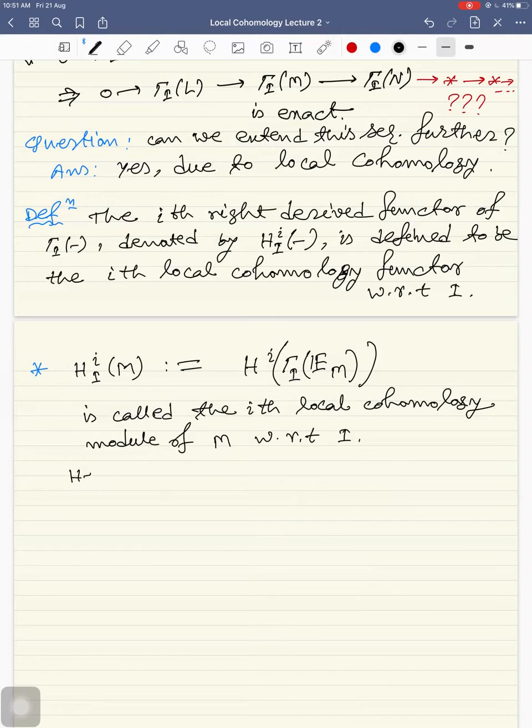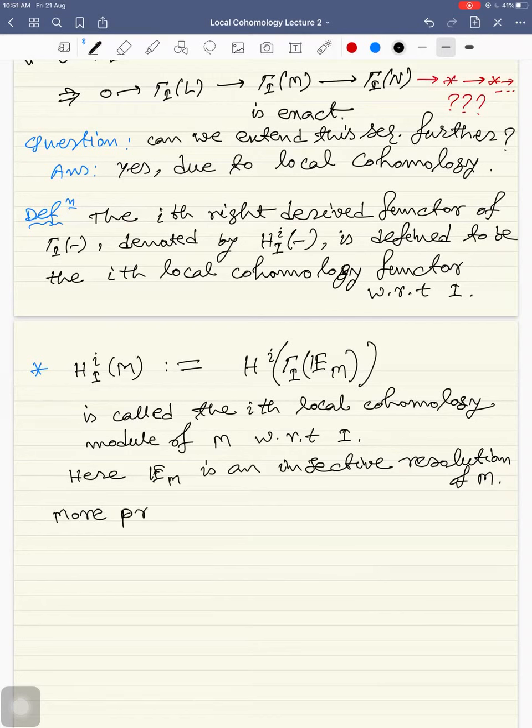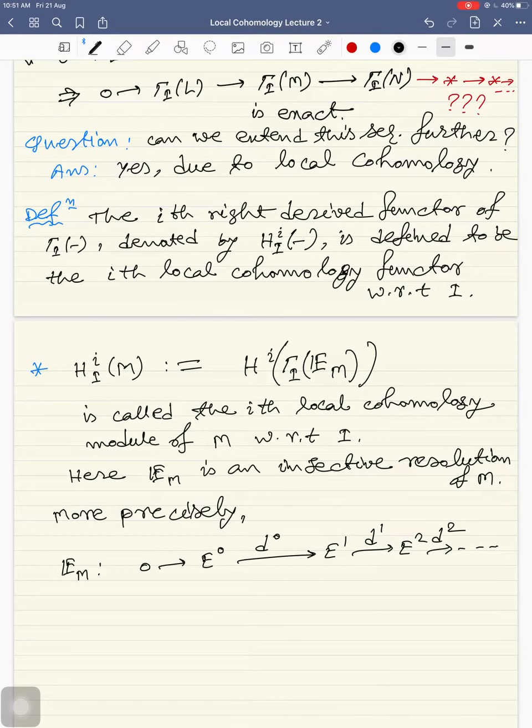So here I should write that E of M is an injective resolution of M. Okay, more precisely, if we write this injective resolution of M as follows: 0 goes to E0, goes to E1, goes to E2, and so on, with differentials d0, d1, d2, and so on.